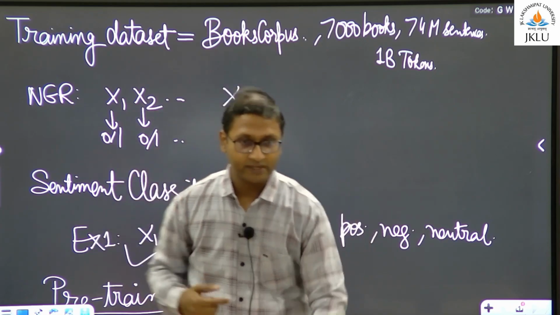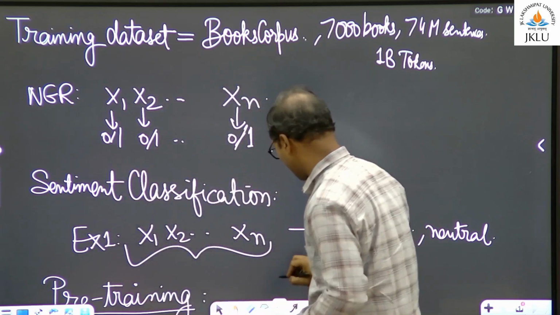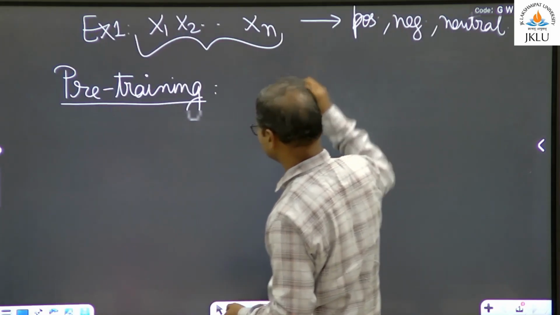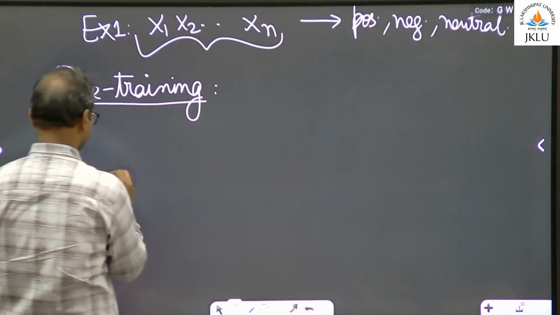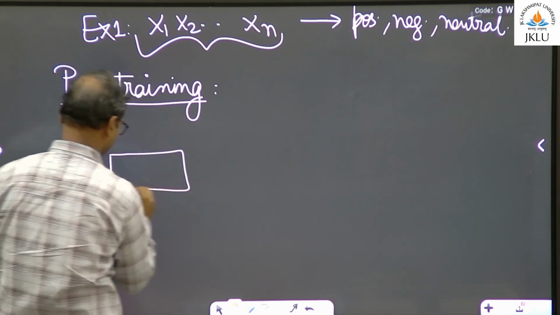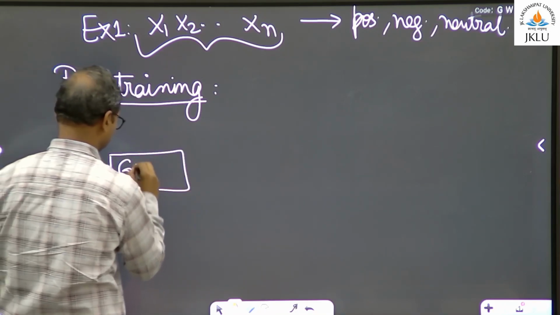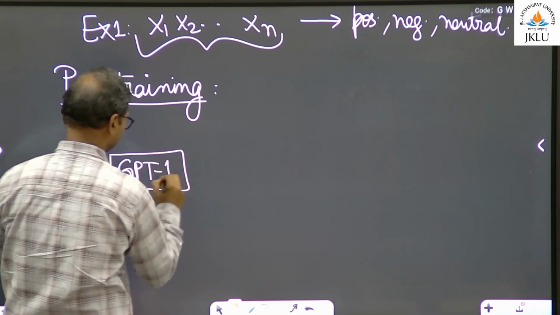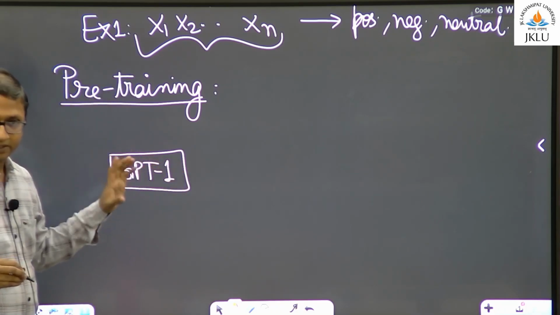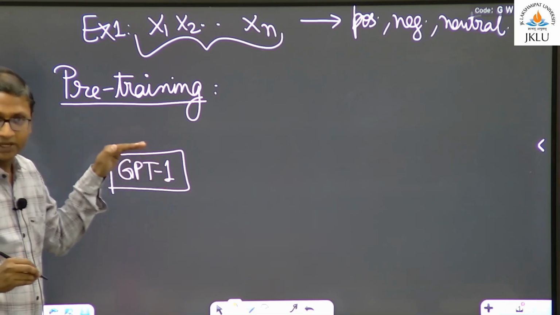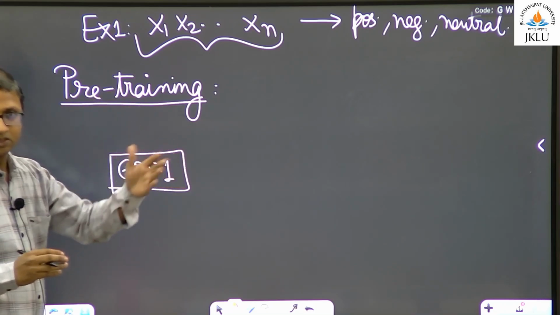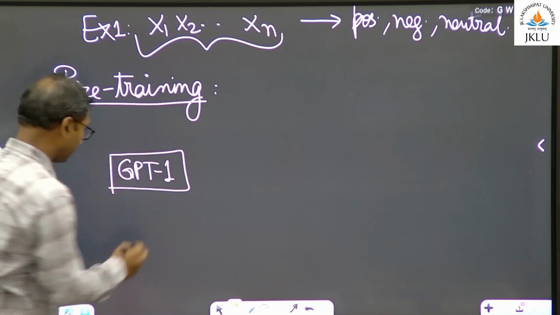So how will you do the training now? Let us just do this part. So I am just calling it transformer now. In fact, I am calling it GPT-1. And you know what is there inside this? There are 12 layers, each layer is feed forward and so on. Okay?